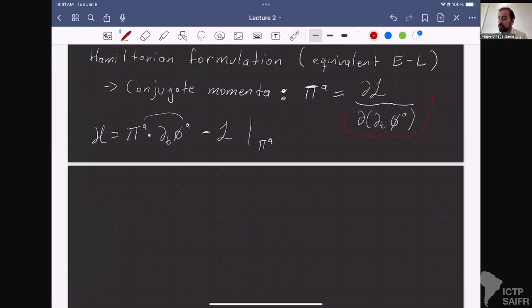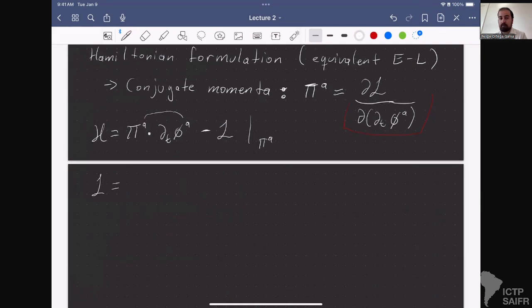So let me do a quick example for our scalar field theory that we saw yesterday. So we have this scalar field theory with a very simple Lagrangian that's quadratic in the fields. You can calculate the conjugate momenta, and in this case, you're going to find that it's the derivative with respect to time of the field.